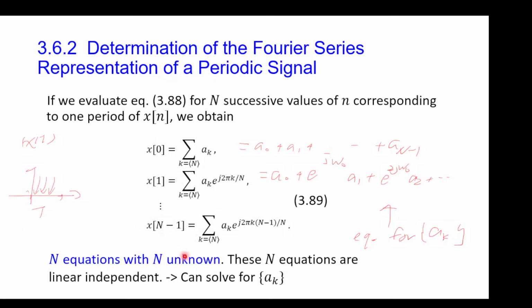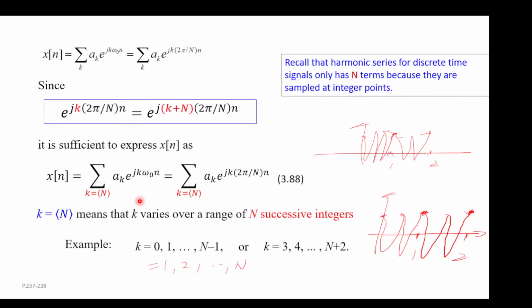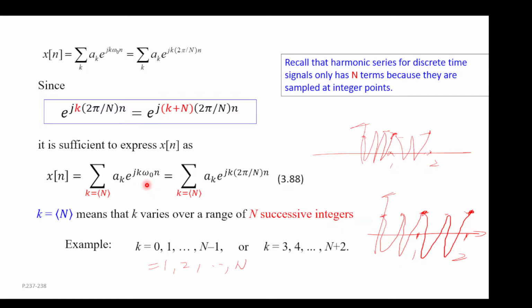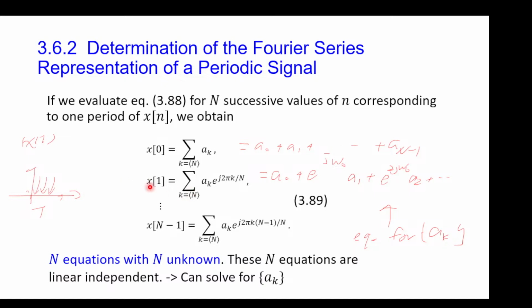If you just write it out, then x of 0, by this formula, is the summation of a_k times e to the j 0 omega naught n, so that's just 1, so it's the summation of a_k. And x of 1 will be the summation of a_k times e to the j 2 pi k divided by N, and so on, up to x of N minus 1.